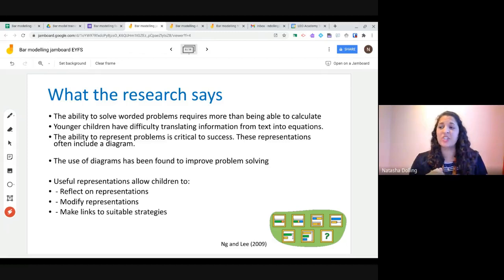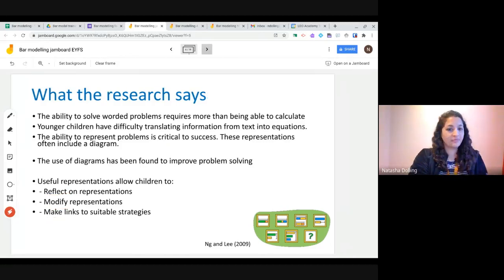So in the example I showed you, it wasn't 18 divided by 4 that the children should have been doing. The ability to represent problems is really critical to success, and essentially bar modeling is a really successful way of representing problems, as I've said, right the way through. These useful representations let children reflect on representations, modify them, and make links to suitable strategies.